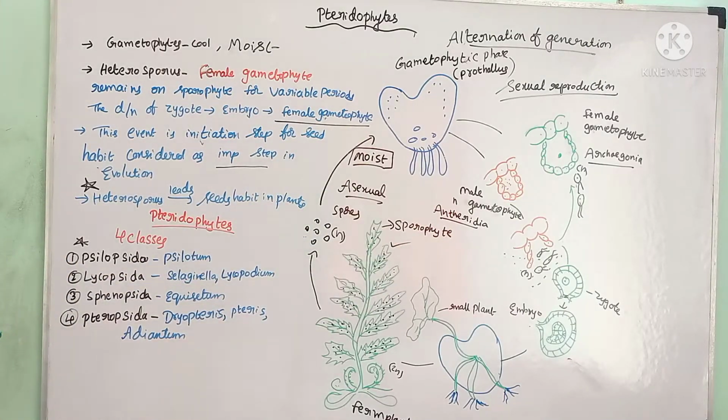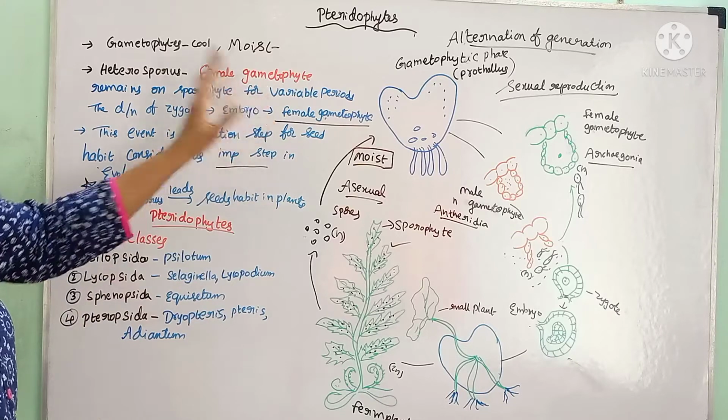In the heterosporous condition, what is the heterosporous condition? We have studied that two types of spores are produced. One develops into the male gametophyte and the other develops into the female gametophyte.